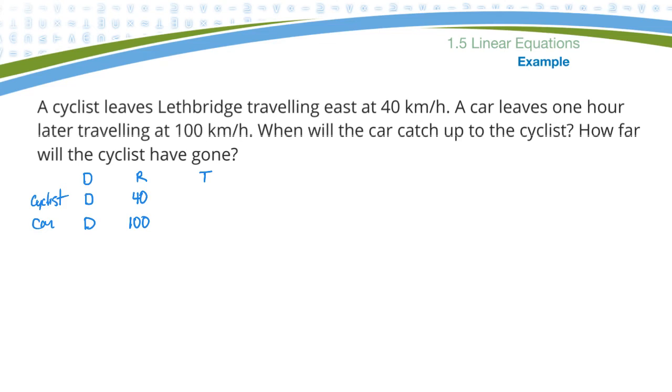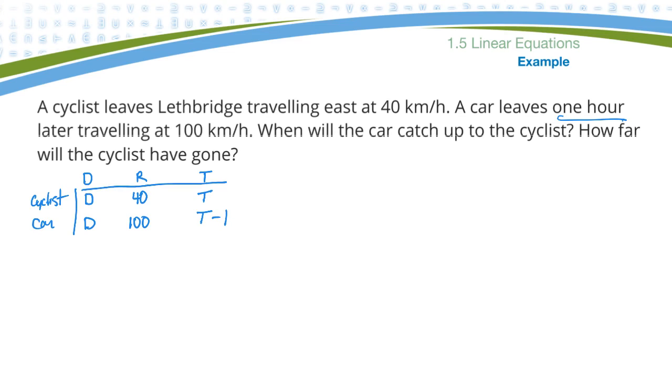Okay, for time, they don't give us a time either, but they do say when the car catches up, but he leaves an hour later. So if I say that the cyclist time is t, then the car will also travel t, but if it leaves an hour later, it'll be t minus 1.